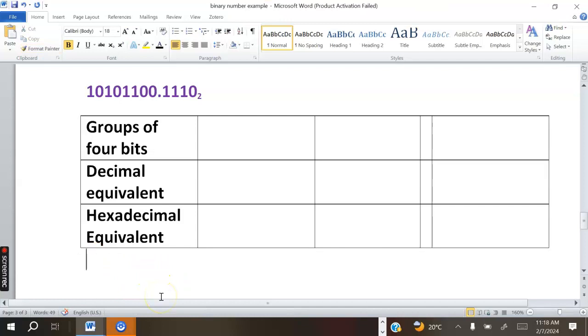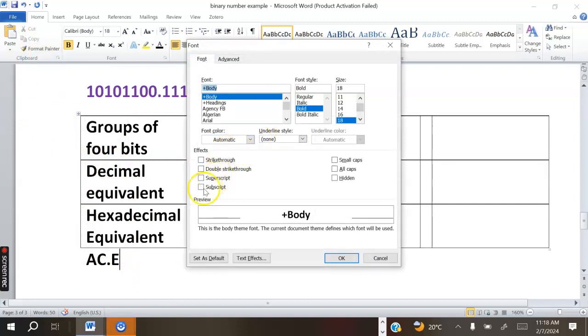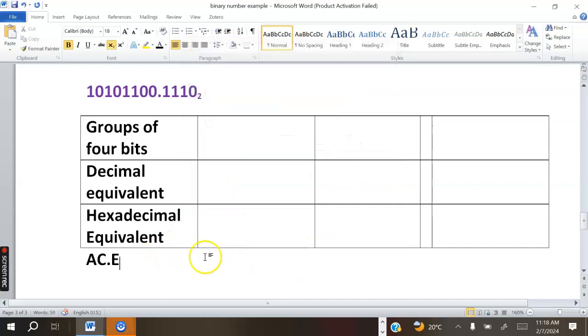This should be your answer, which is AC dot E base 16. That's our answer.